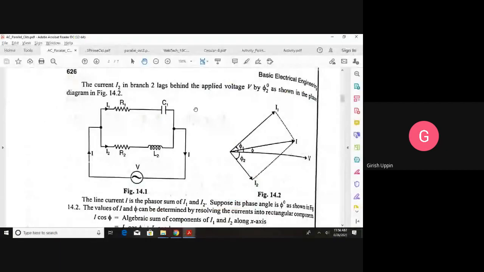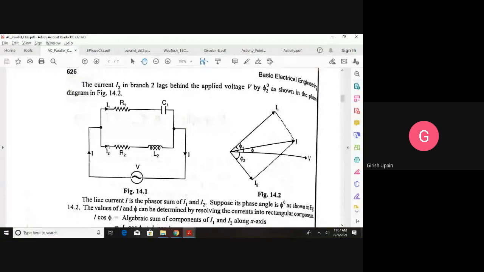In this case, the impedance Z2 is equal to square root of R2 square plus XL2 square. And what is XL2? L2 is given. XL2 is equal to omega L2, which is 2 pi f L2. That's how we can calculate this value and the impedance.